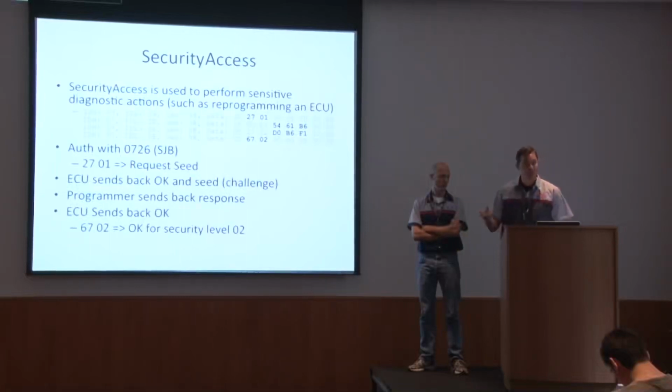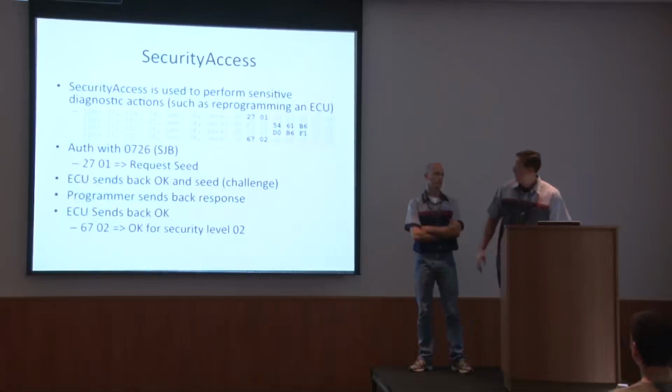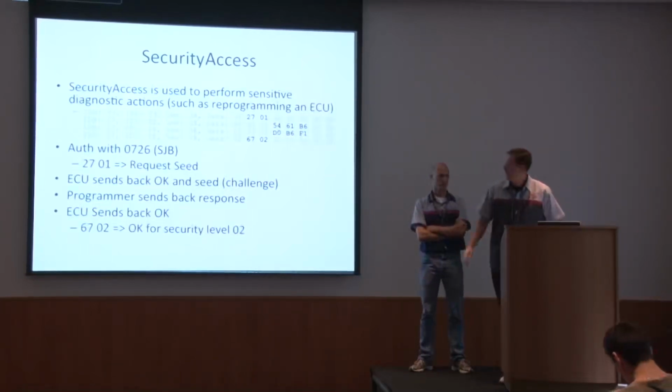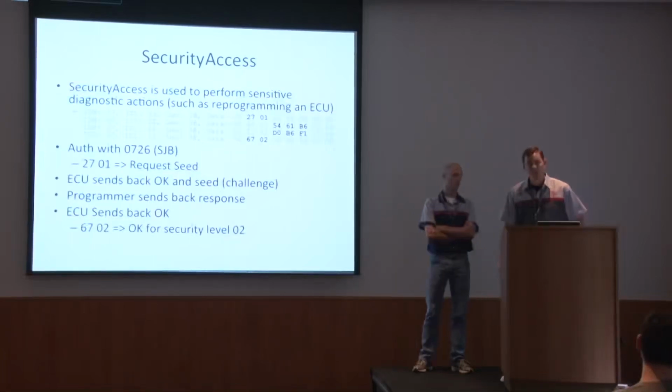An algorithm runs on the programmer, which in our case is our laptop, and it sends the key back. If the key derived from the seed is wrong, you won't be able to get privileged access. If it's right, it sends back 6702, saying, yep, we're good, you requested that privilege level, and we're going to be able to do privileged stuff. We'll show you later how we derived how to create these keys for each of our cars.